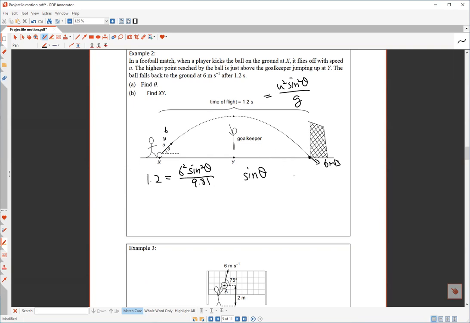Ah, sorry, I used the wrong formula. So this is not the time of flight. The equation of time of flight is 2u sine theta over g.